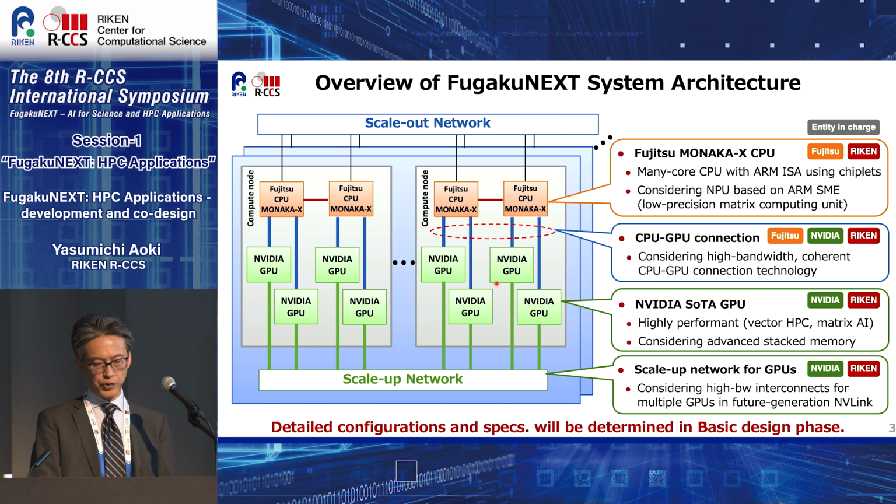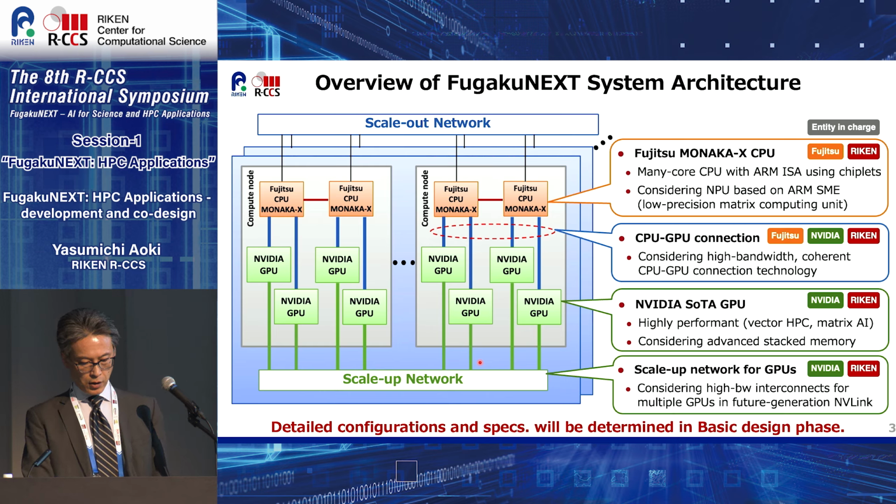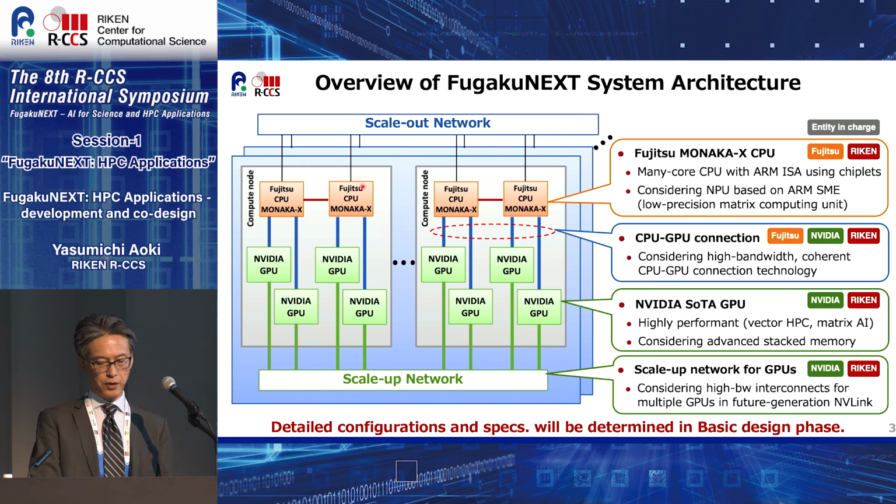So this is the machine figure. It consists of nodes and various components within the node, of course the CPU and the GPUs, which are connected with a scale-out network. For the GPUs, the scale-up network is used. Also, as there is a CPU and GPU heterogeneous environment, there are certain hierarchies of memory on CPU and GPU, and also a hierarchy in the networks.